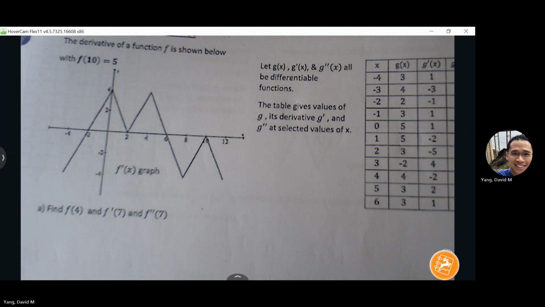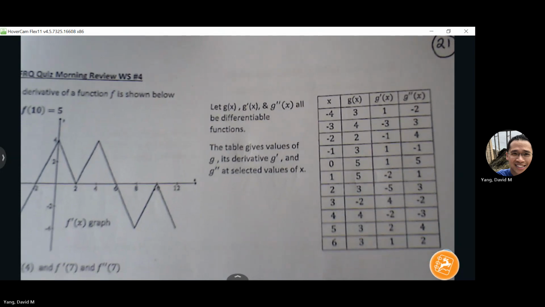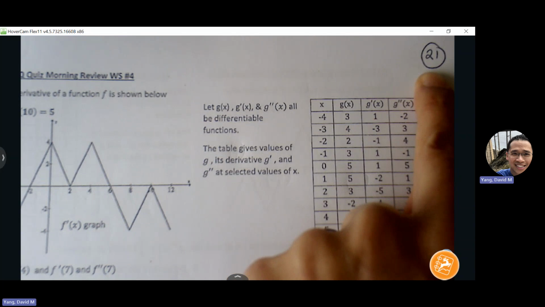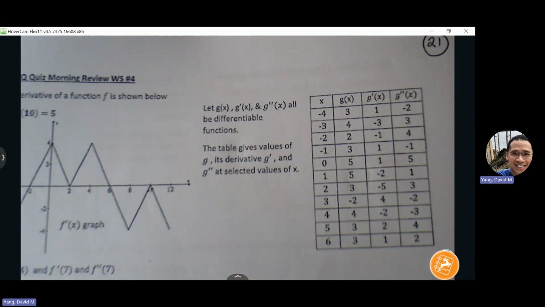You guys have a separate solution key packet. Just the pages are a little bit off on the packet. I think it says page 22 instead of page 21. So if you're looking on the packet, the pages I think may be a little bit off. So okay, part A.